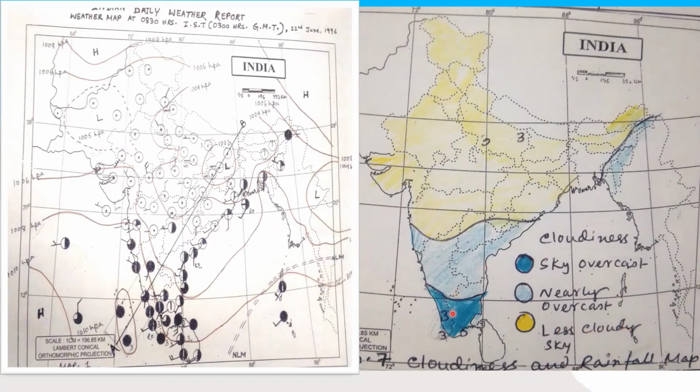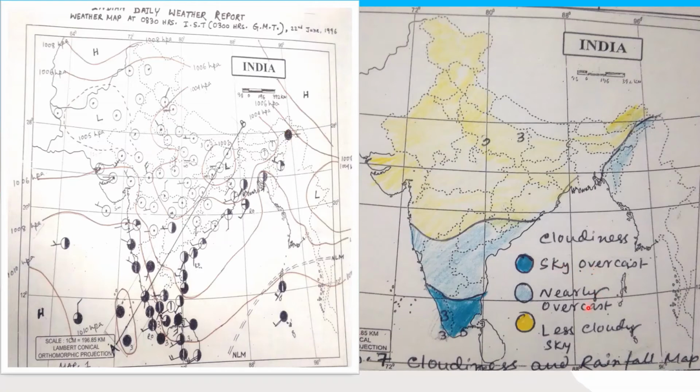First we come to the sky overcast area. Southern India, particularly Kerala, Tamil Nadu, Lakshadweep, Andaman and Nicobar Islands and the eastern part of Assam have completely cloudy sky.